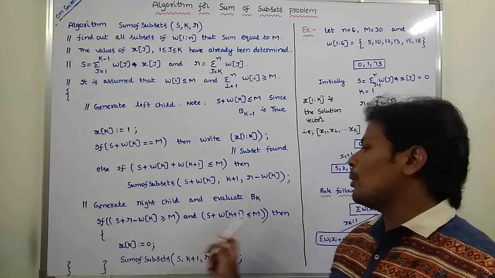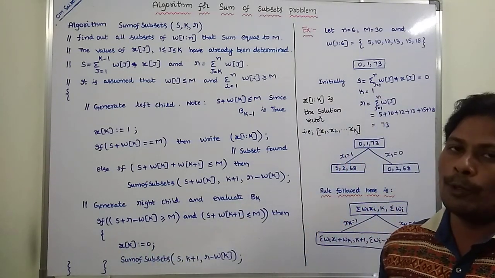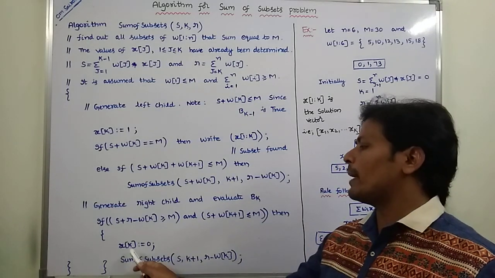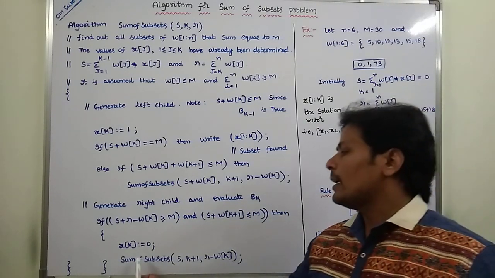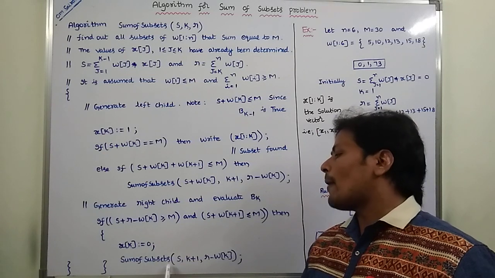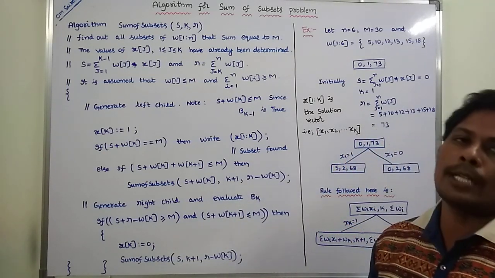When we are using the bounding function, x suffix k is equal to 0, we are not considering the kth object. If it is not considered, then the recursive call is sum of subsets S comma k plus 1 comma R minus W k.